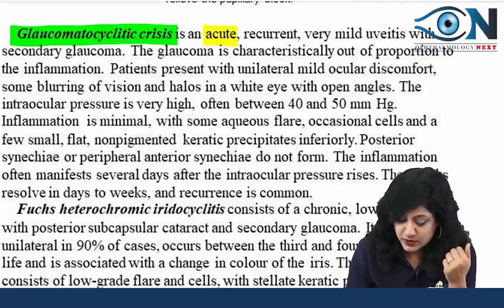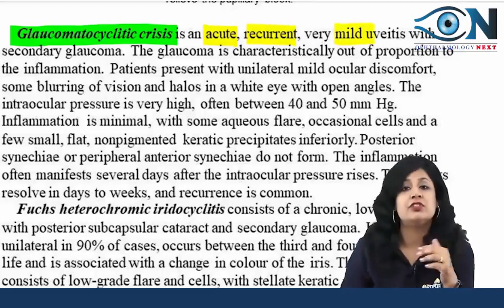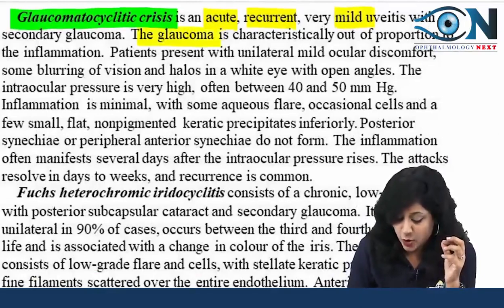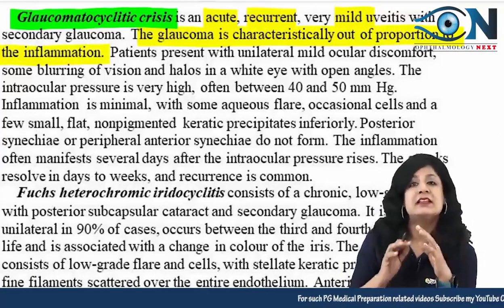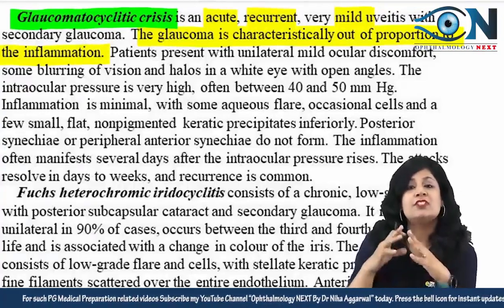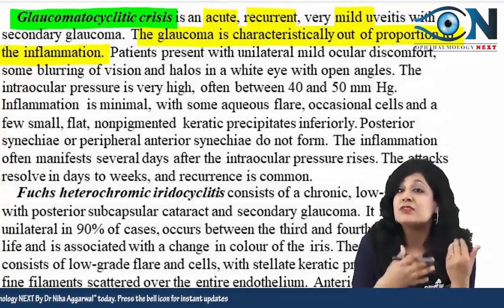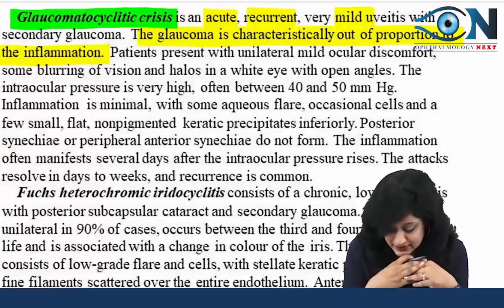This is acute, recurrent, very mild uveitis which is giving you a secondary glaucoma. It is the glaucoma which is presenting out of proportion to the amount of inflammation. I think this statement is really very important. If you are having a glaucoma which is out of proportion to the inflammation, you are not having that much inflammation that can justify this glaucoma, probably you are dealing with a case of glaucomatocyclitic crisis.